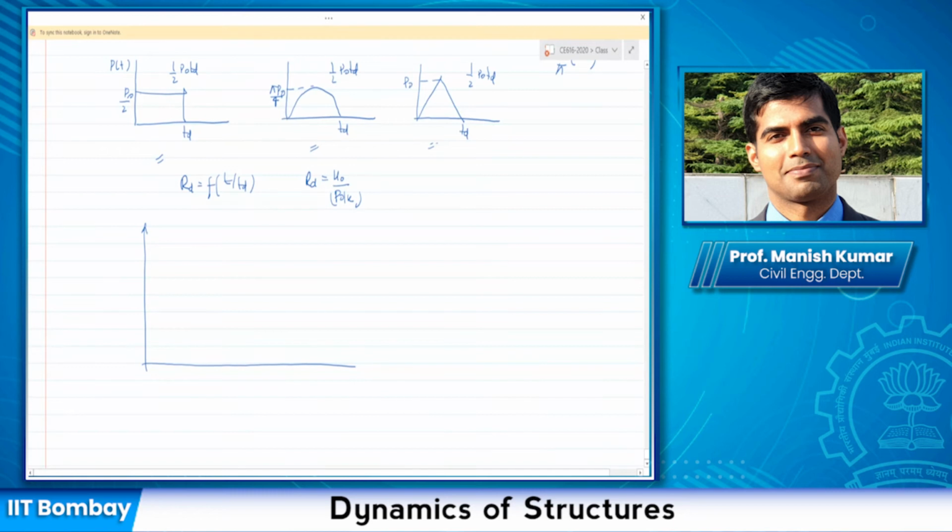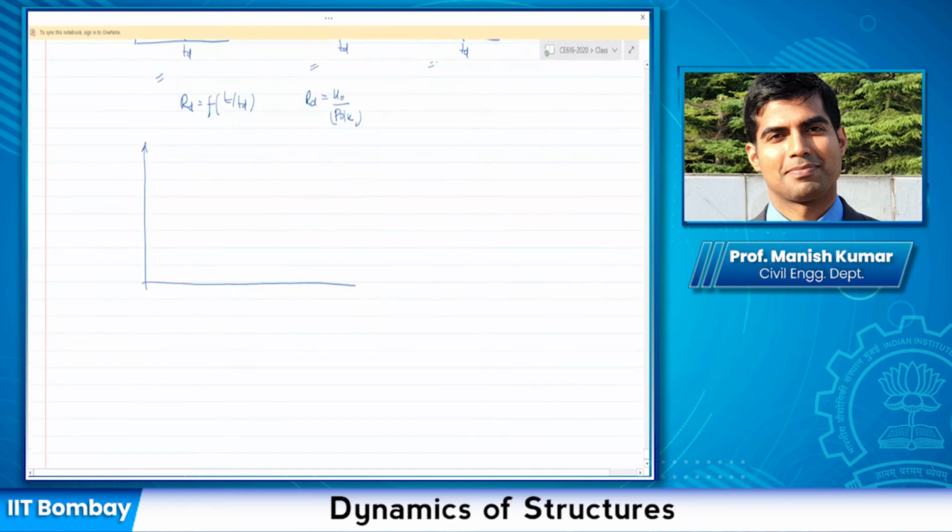However, in this case, the amplitude is P naught by 2. So instead, let me draw this P naught by K here, and I won't call it UST naught, because for a rectangular pulse, it is not UST naught. So this looks like something like this. Now let me just redraw it. So this is the shape of a rectangular pulse. Always remember that. And the sine pulses are actually something like this.